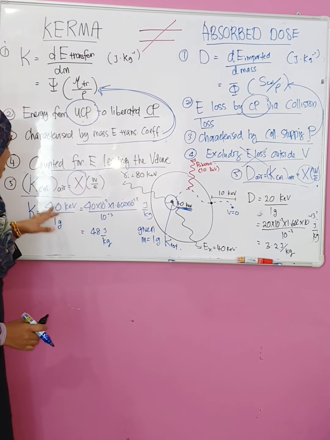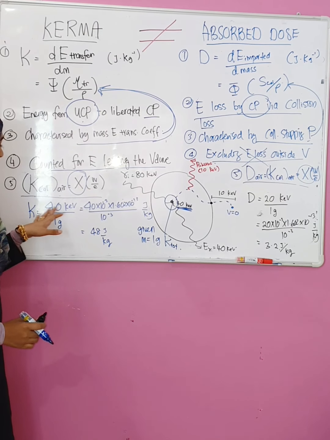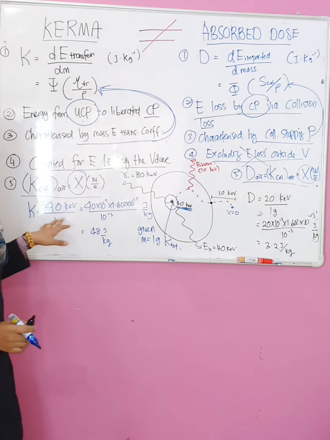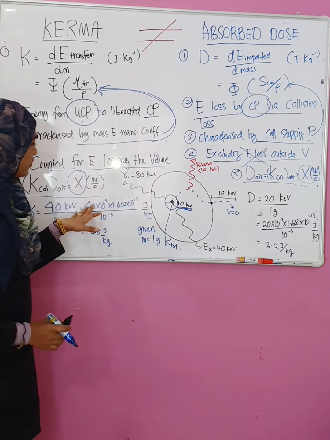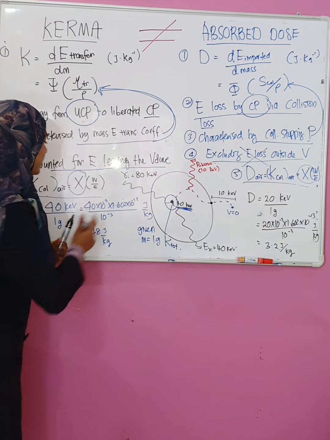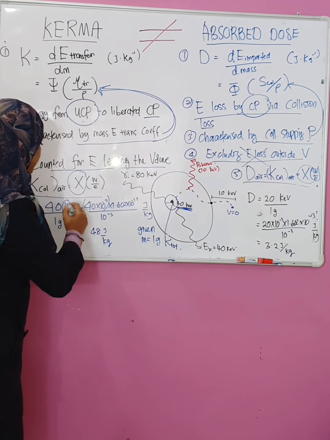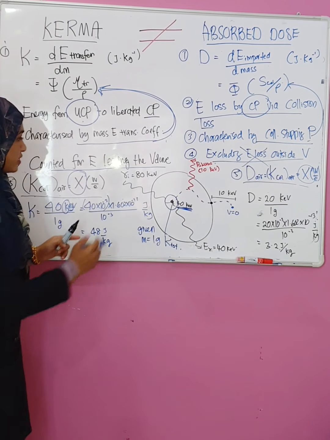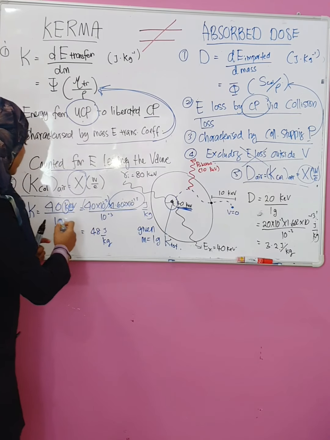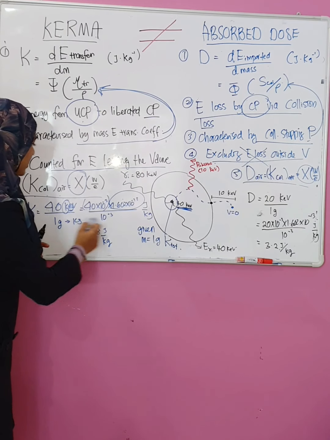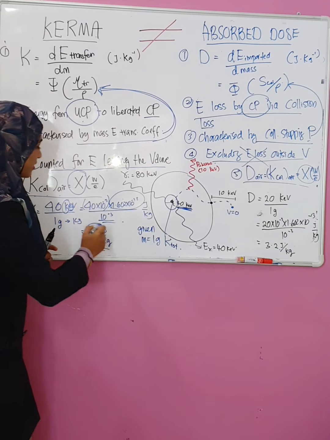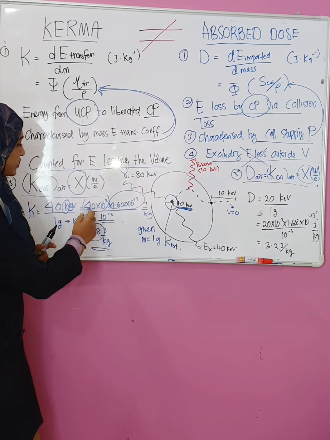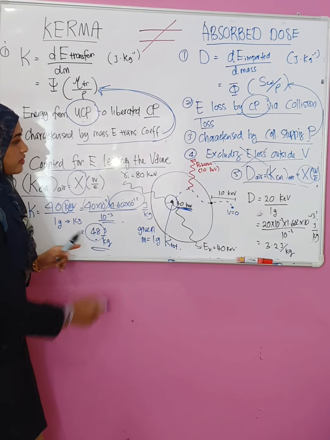So just substitute the value, 40 keV for energy transfer divided by 1 gram of mass. Then you change the value to 40 times 10 to the power of 3, because this is k, and convert electron volts to joules, and convert grams into kg, and you will get the value. Please correct the value, because right now I'm using 30, so you have to correct this one.